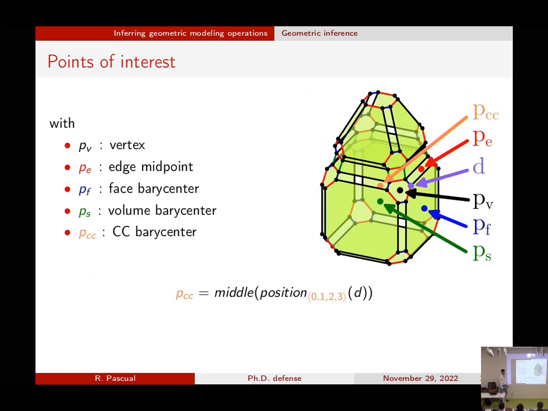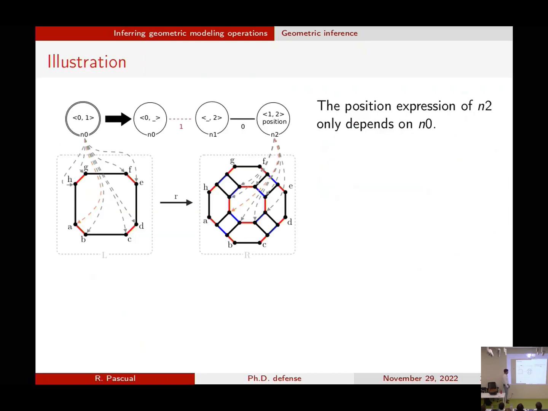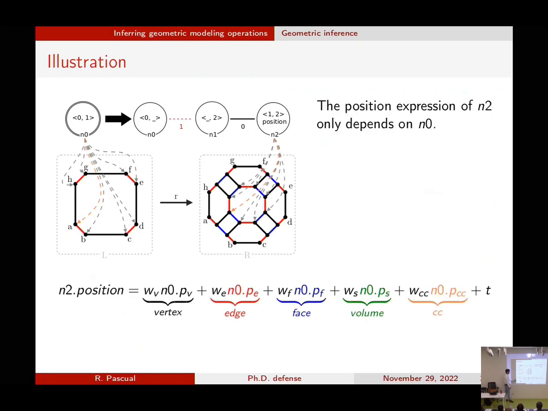And now I can rewrite my system using these points of interest. So coming back to our triangulation operation, we want an expression for N2, and we will assume that it can be written as a linear combination on the points of interest computed from N0.